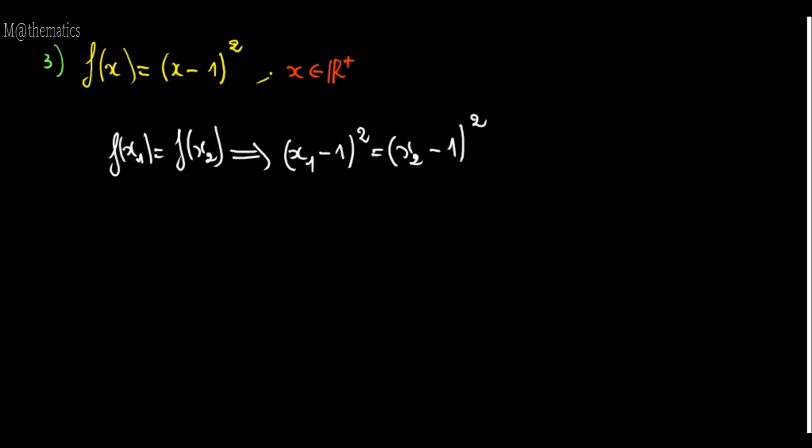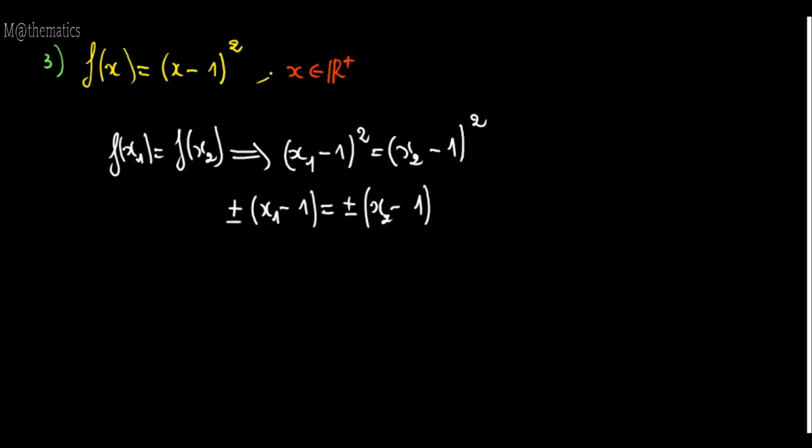So let's take the square root of both sides. That means plus or minus x1 minus 1 is equal to plus or minus x2 minus 1.